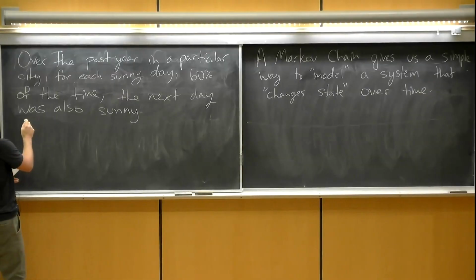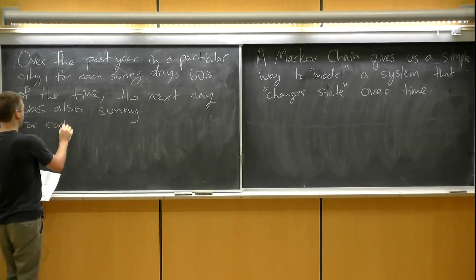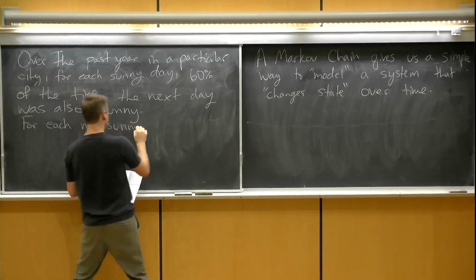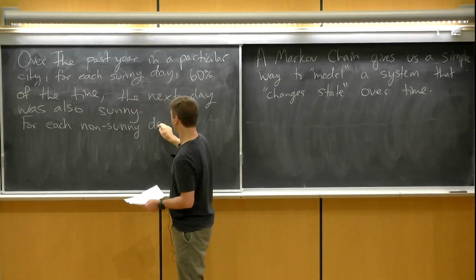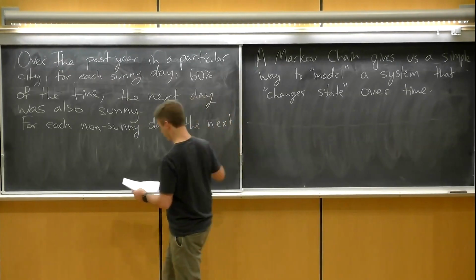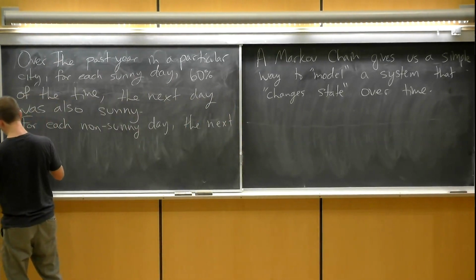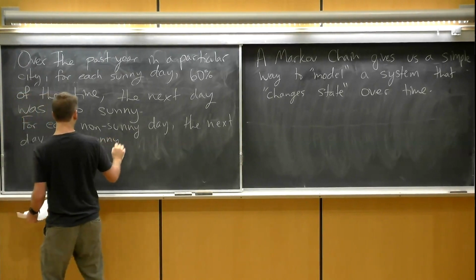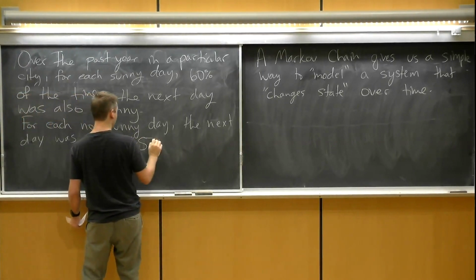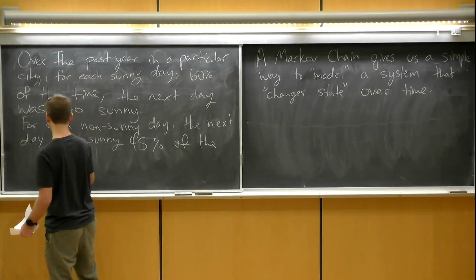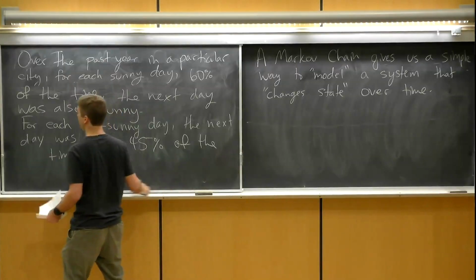And let's say there are only two types of day. For each non-sunny day, the next day was sunny 45% of the time.